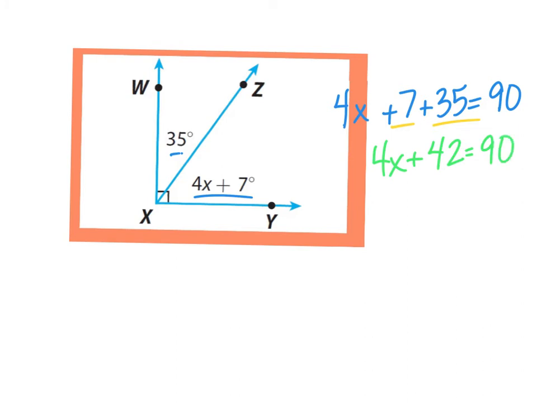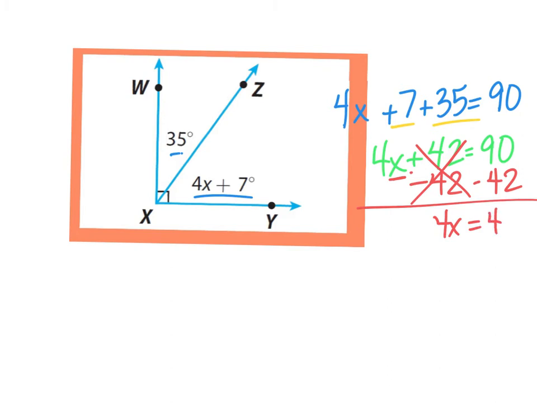My job is to isolate my variable x, so I'm going to first get rid of the constant that's stuck to my 4x. I have a plus 42, so I'm going to subtract 42. Those will cancel out, and 4x is left alone. 90 minus 42 equals 48.